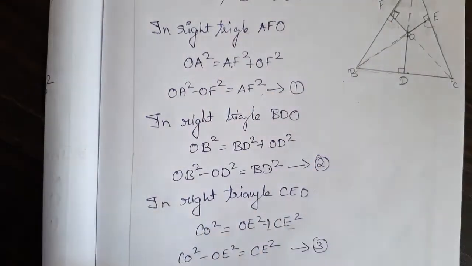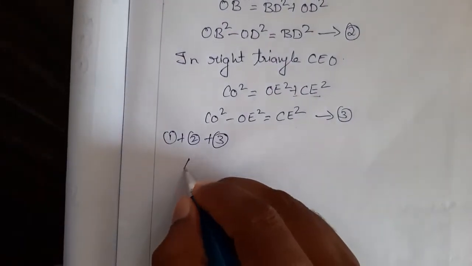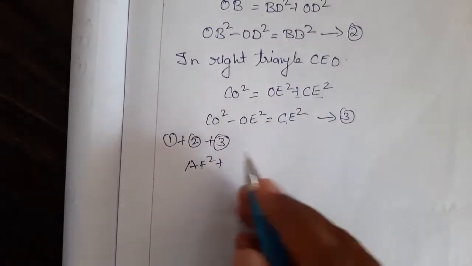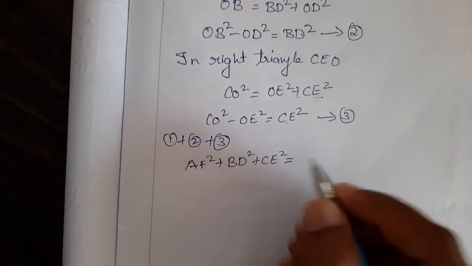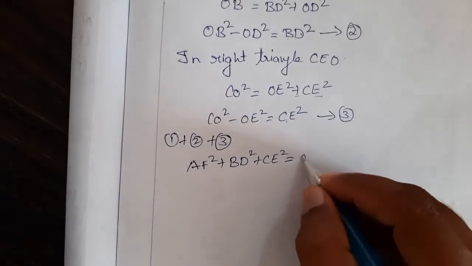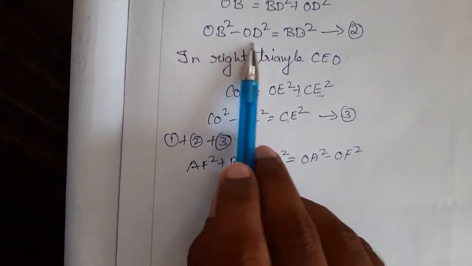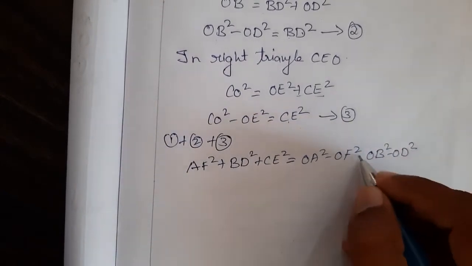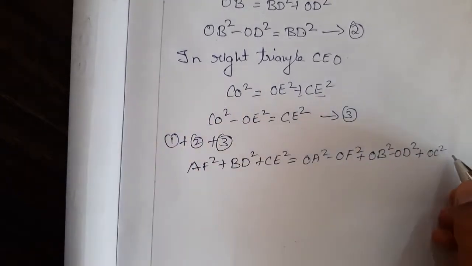So we'll be getting LHS 1 plus 2 plus 3. So LHS, we know that we got it as AF square plus BD square plus CE square. Here is OA square minus OF square, and here is OB square minus OD square, plus we are adding it, and OC square minus OE square.